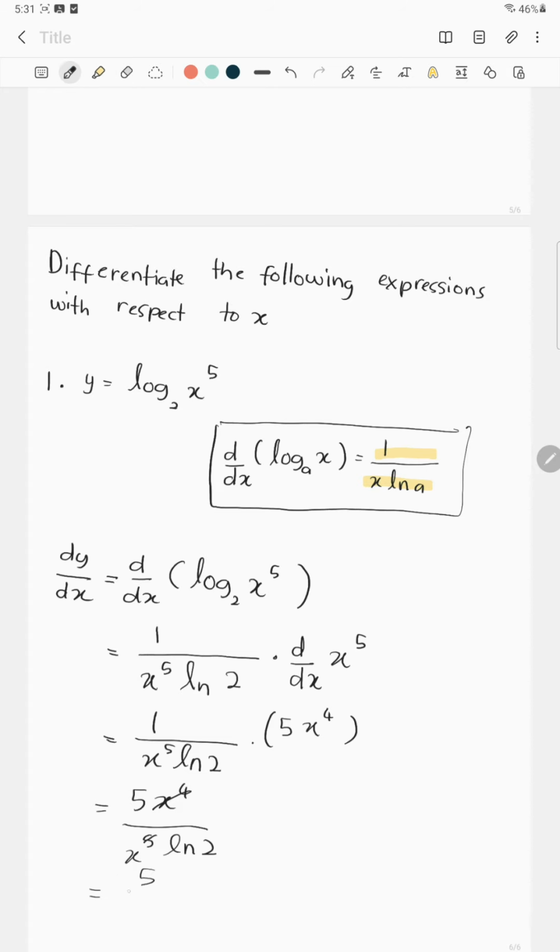So 5 over x ln 2, because at the bottom 5 minus 4 leaves 1, and x power of 1 is x. So this is the answer.